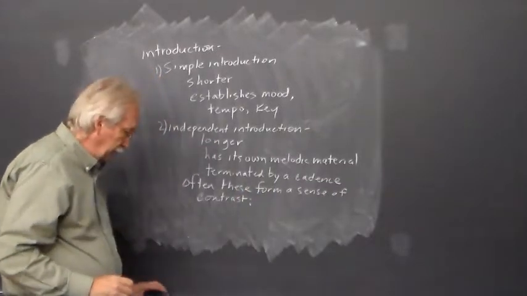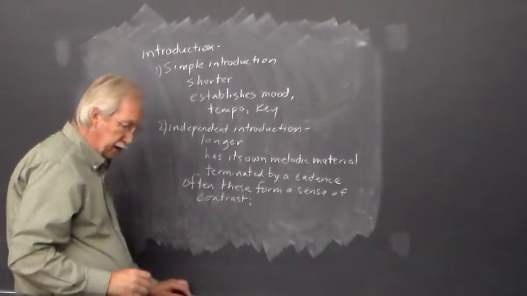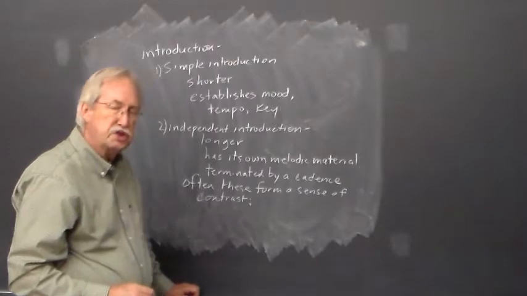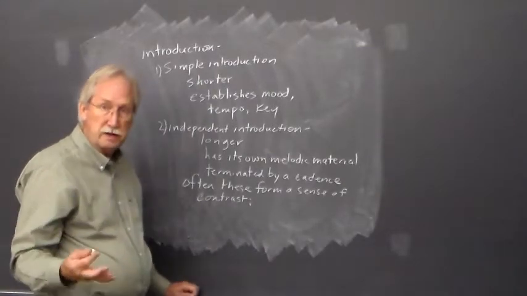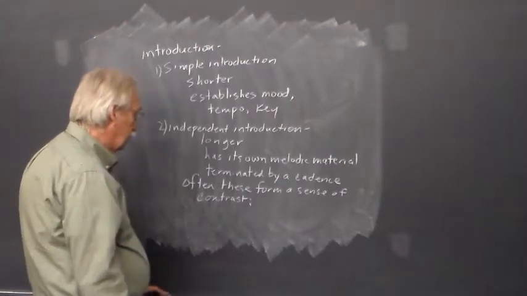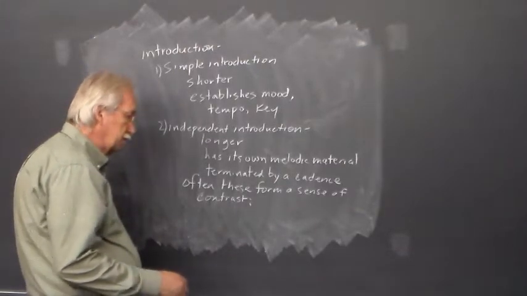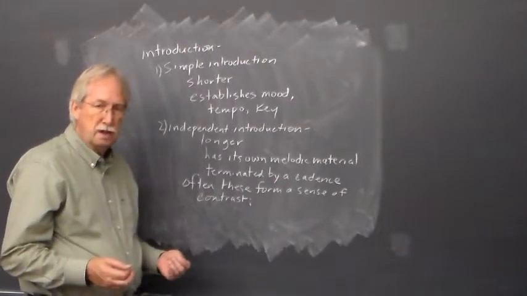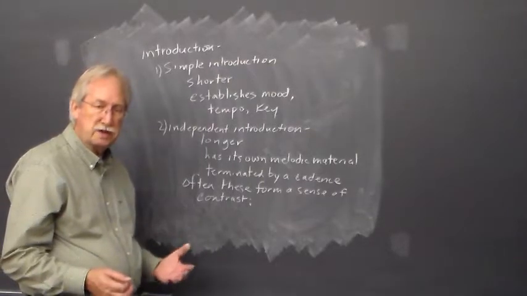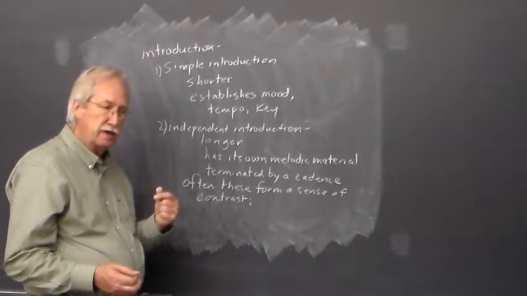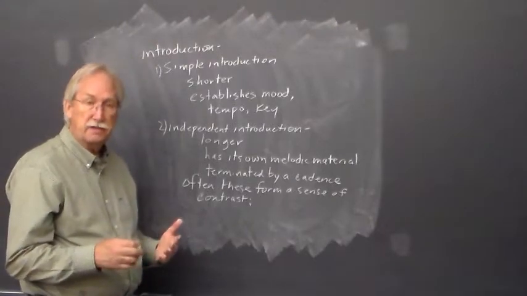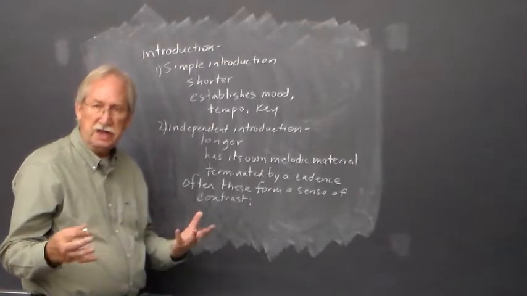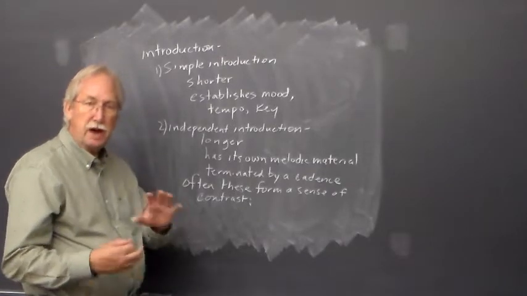An example would be the introduction to the Mozart Prague Symphony, first movement, or the Haydn London Symphony. Those works had adagio introductions, so there was a contrast of tempo and also a contrast of mode, usually key. A lot of times they'll be in the opposite mode.